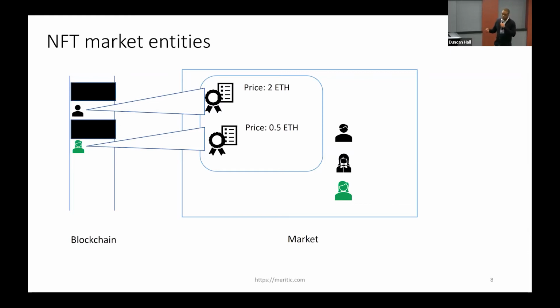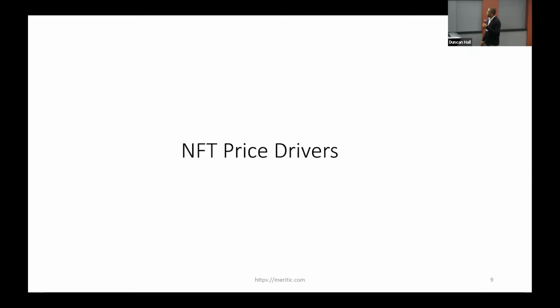So besides bids, offers, and closing sales, there are also transfers, which are not clear. Now that we understand how the market, the players, and the blockchain interact to create this NFT space, let's focus on what should be the price drivers for an NFT.